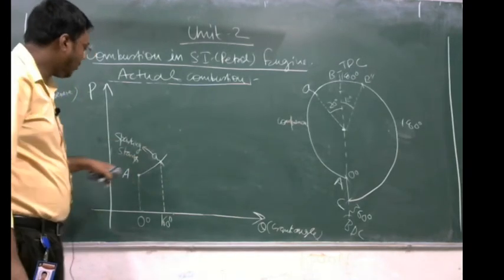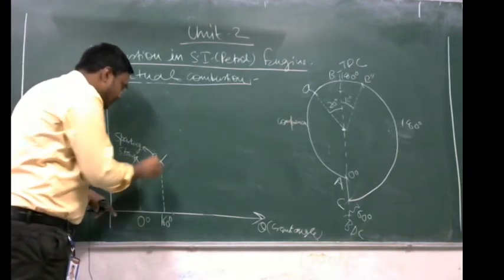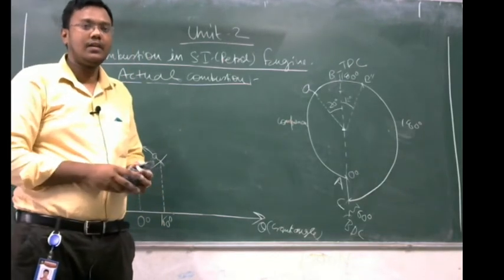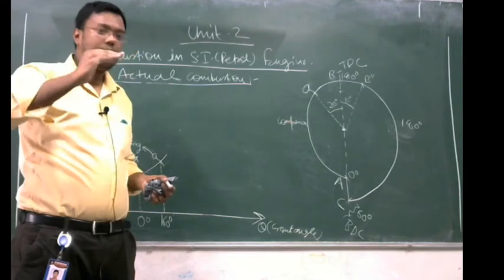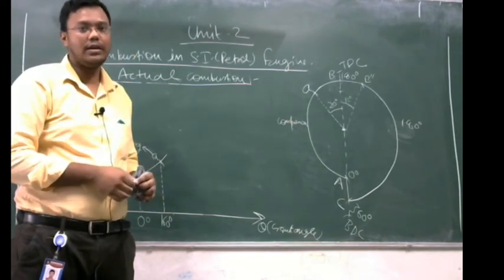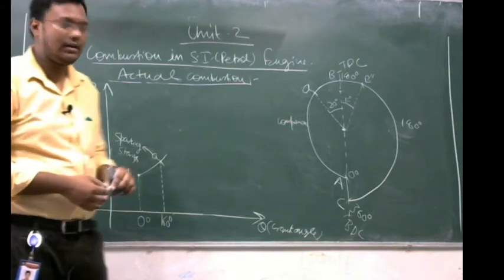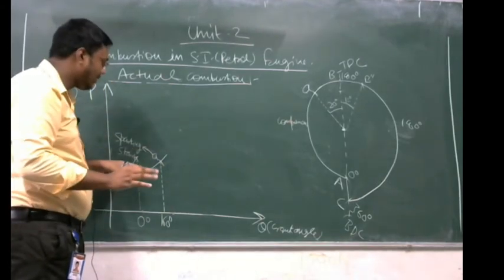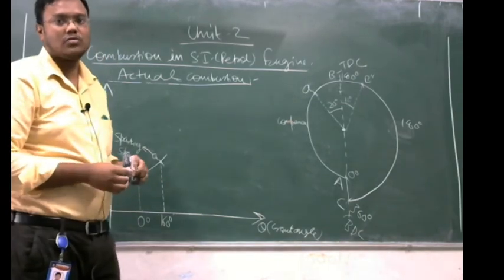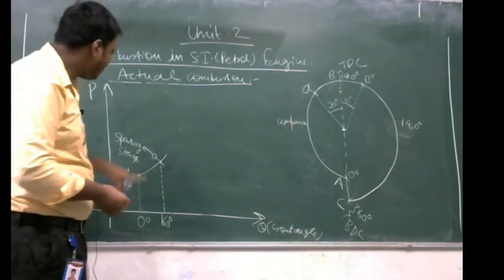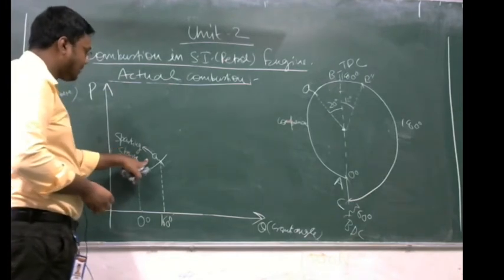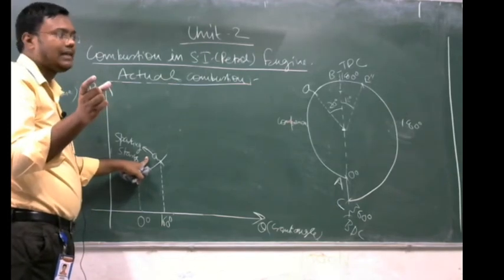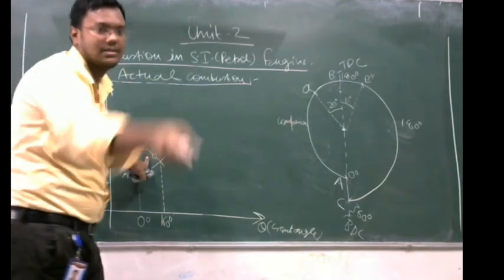Now, combustion is a chemical process. You have studied that combustion is a chemical reaction. It will not happen suddenly, like sparking takes place and combustion suddenly takes place. Combustion is a chemical reaction process, so it will take some time. After sparking, there are some chemical reactions, and when those chemical reactions complete, combustion starts.